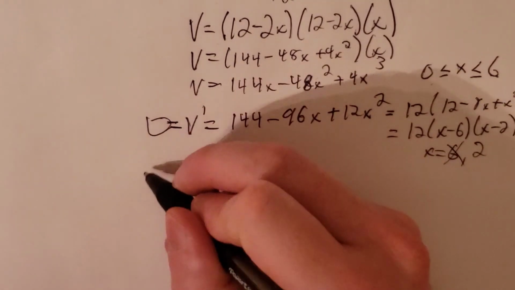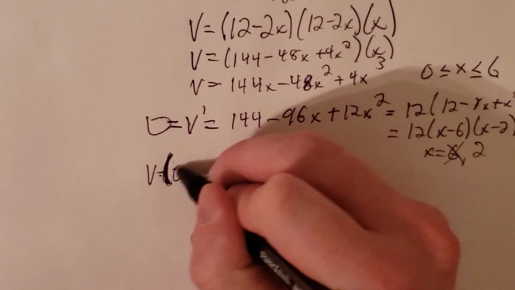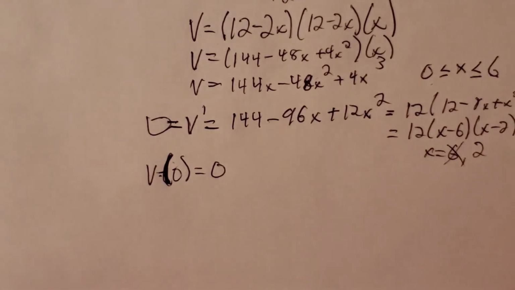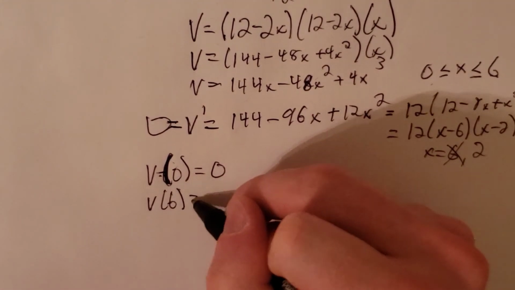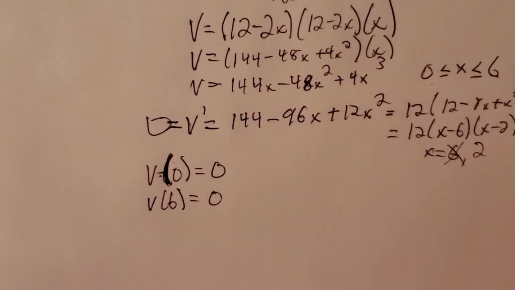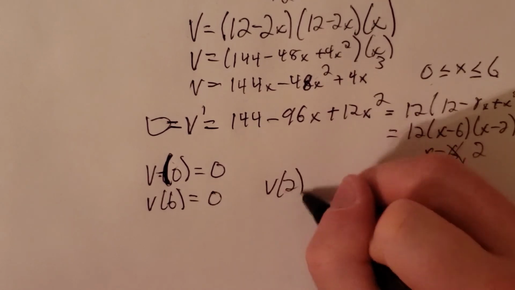So, in fact, let's do that. We need V of 0. We need to plug in that endpoint. V of 0 is 0. We also need to plug in the endpoint 6, which is also clearly 0. And then we need to plug in our critical point, so V of 2.